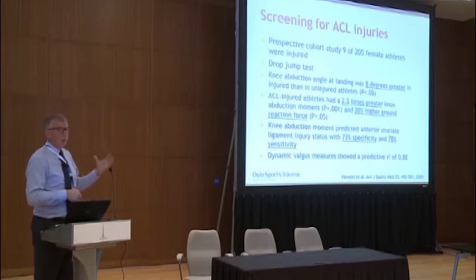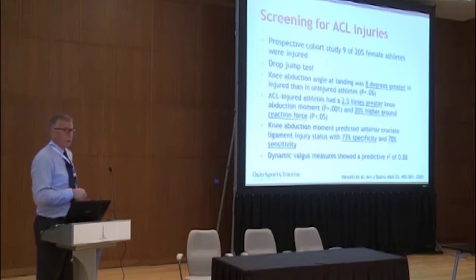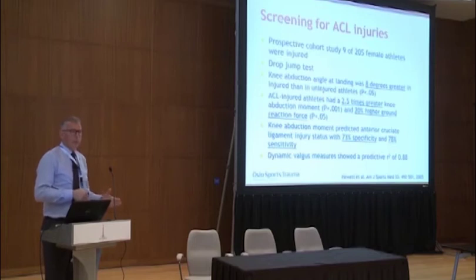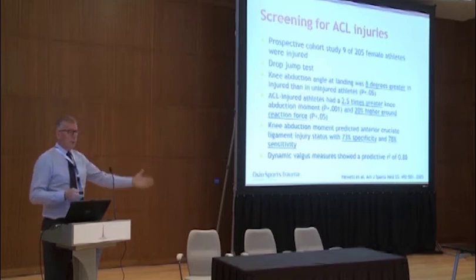And if you have a more advanced system, you can measure knee abduction moment, which they did in the lab, 2.5 times greater. Higher ground reaction forces, they landed more stiffly when they landed, like we just saw. And they calculated that this test could predict ACL injuries with a 73% specificity and a 78% sensitivity. That sounds great, doesn't it? And this is why this type of testing has been advocated.